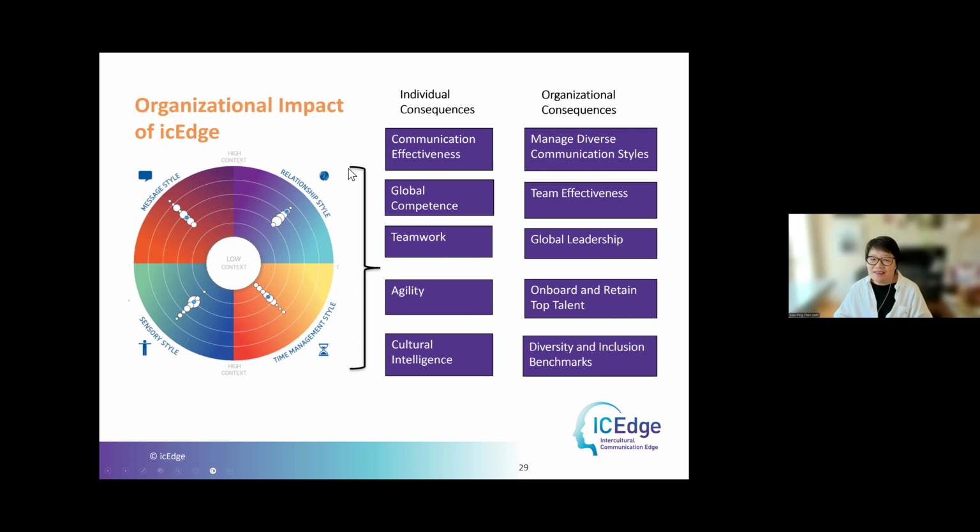Connecting individual consequences to organizational consequences, these outcomes will also increase team effectiveness, global leadership, managing diverse communication styles, onboarding and retaining top talent, and diversity and inclusion benchmarks.